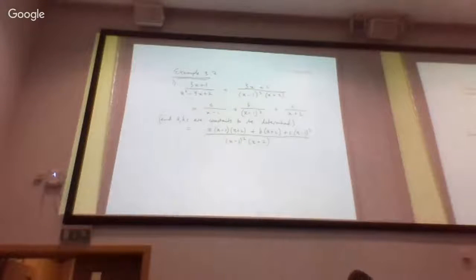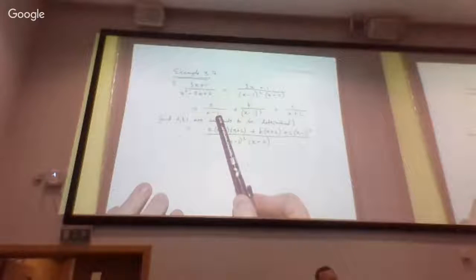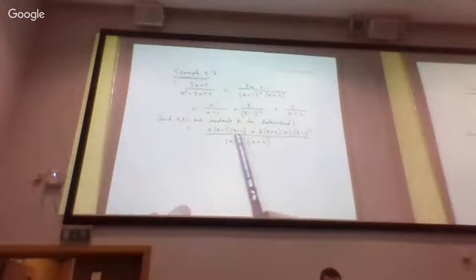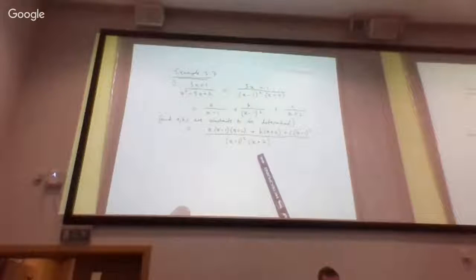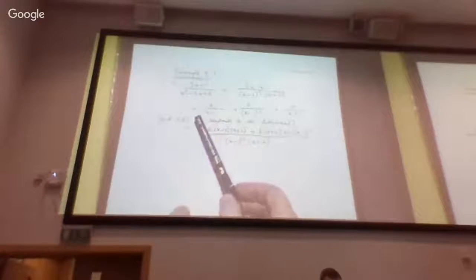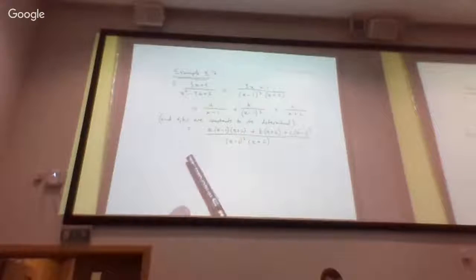But see, I've got a over x minus 1 here. So in order to get it ready to add all the fractions together, I have to put them all over the same denominator, x minus 1 all squared times x plus 2. So I need to multiply the numerator of a by x minus 1 times x plus 2.